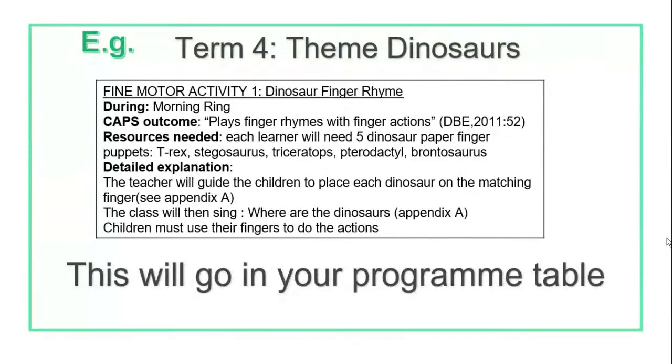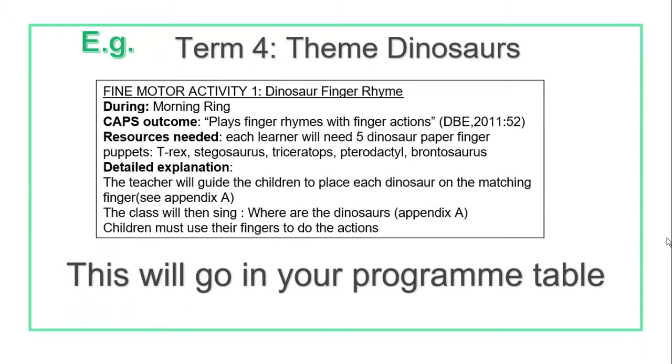Here is an example of the detail required. In this example, term 4 has been chosen and the theme of dinosaurs. You can see how the activity has been laid out to include all of the required elements. Fine motor activity 1 is given a name, the dinosaur finger arm.